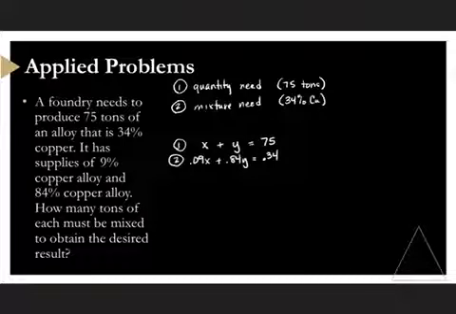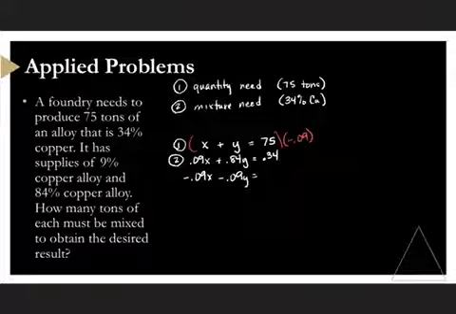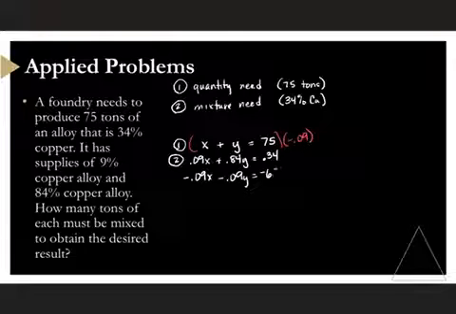So when you go to solve this, solve it whatever method you prefer. I'm comfortable with decimals, so I'm going to solve it by getting rid of x. So I'm going to multiply everything by negative 0.09. And what we end up with is negative 0.09x minus 0.09y equals negative 6.75.